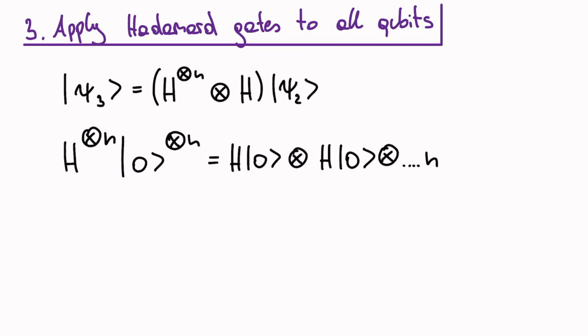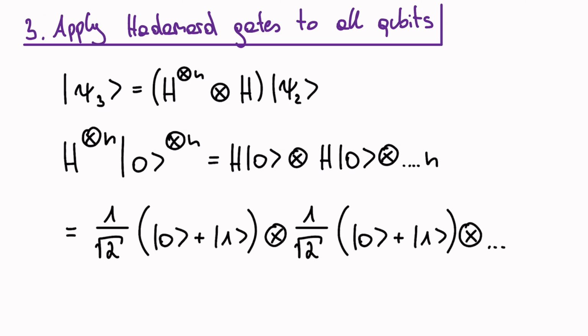Now remember, applying a Hadamard gate to 0 gives a superposition, 1 divided by the square root of 2 times (|0⟩ + |1⟩). So for two input qubits, the result is 1 divided by the square root of 2 times (|0⟩ + |1⟩), tensor product with 1 divided by the square root of 2 times (|0⟩ + |1⟩).